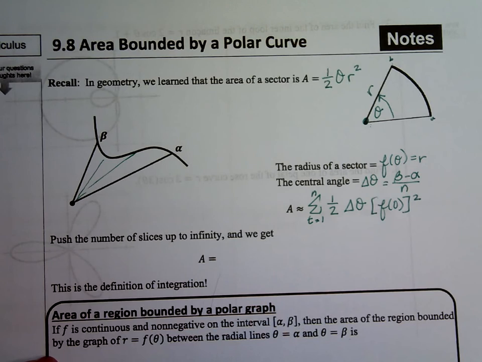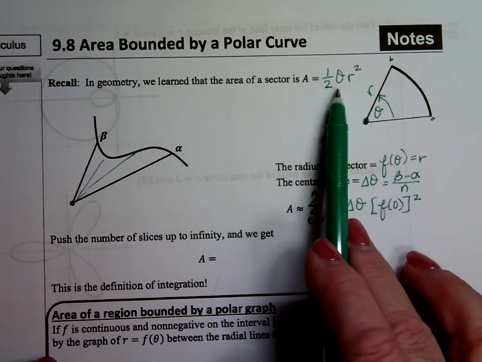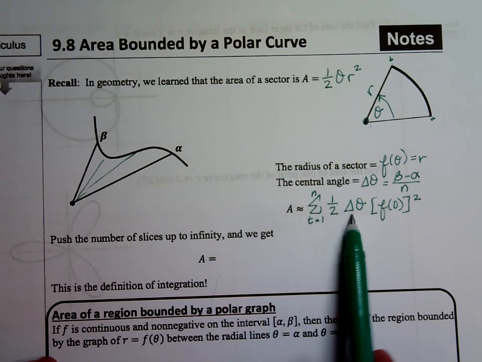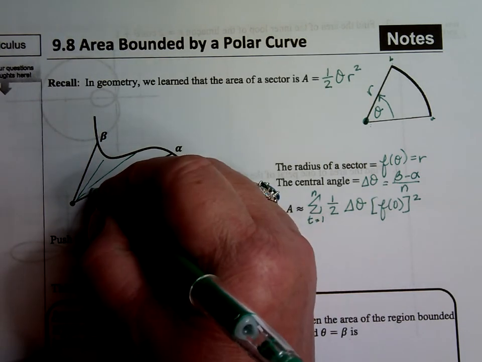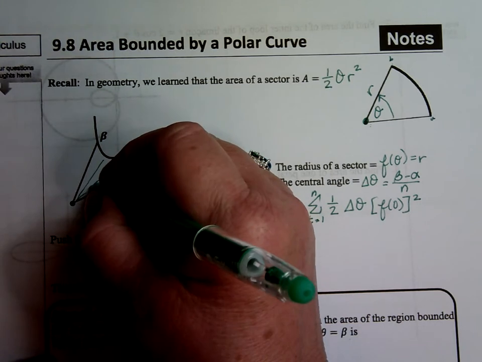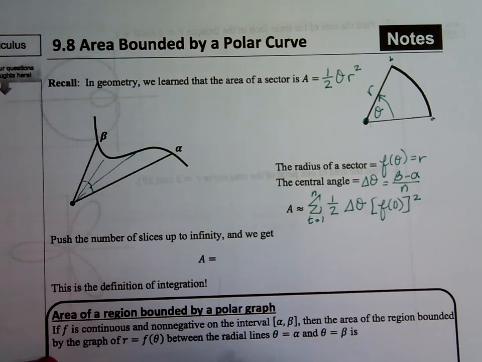So what on earth is that? Here's what it's saying. This is 1/2, just like this is 1/2. Your theta is changing, so it's the change in theta, how the angle is changing. So if I look at this first thing, my first angle would be stopping here. My next angle would be stopping here. And my next angle, if I keep going, would be stopping here. Like I could make how many angles in there?